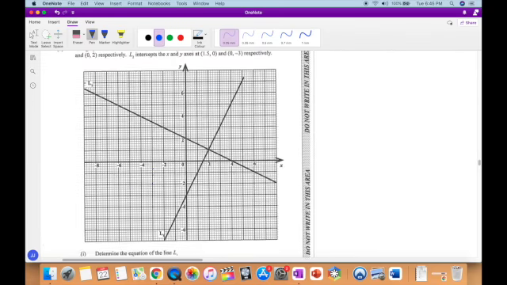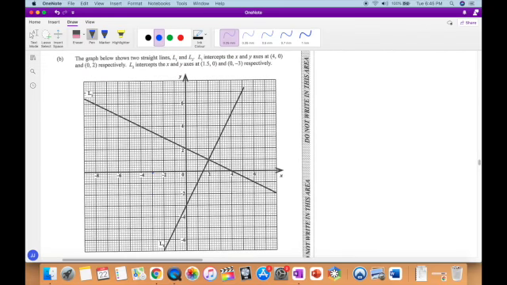Yes, somewhat, okay. The graph below shows two straight lines, L1 and L2. L1 intercepts the x-axis, I could see that, at 4, 0 here. And 0, 2. Wait, L1 intercepts the x and y axis at 4, 0.